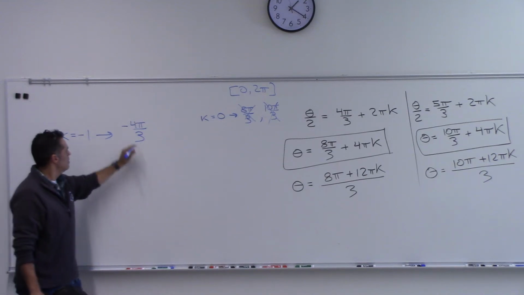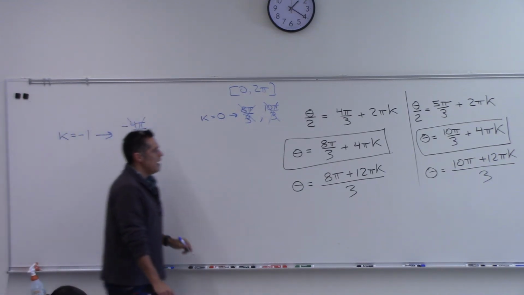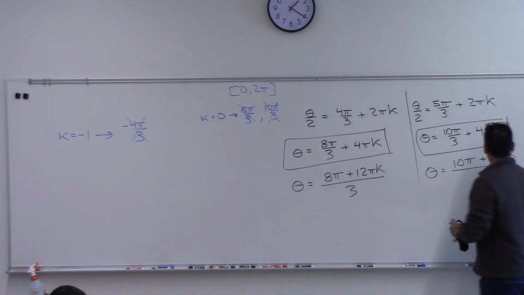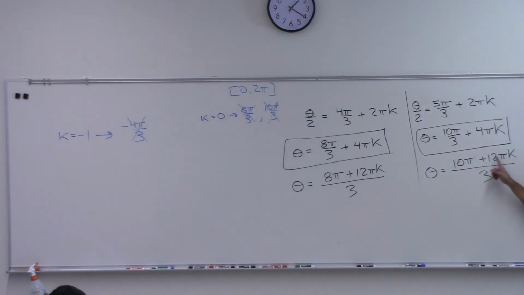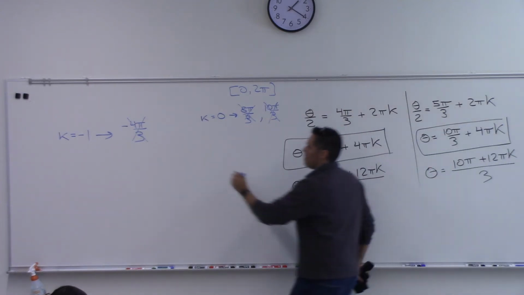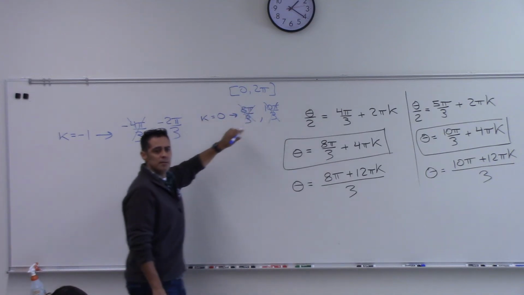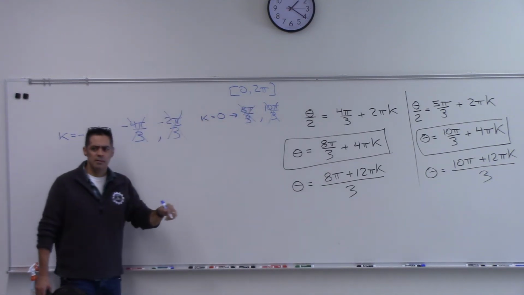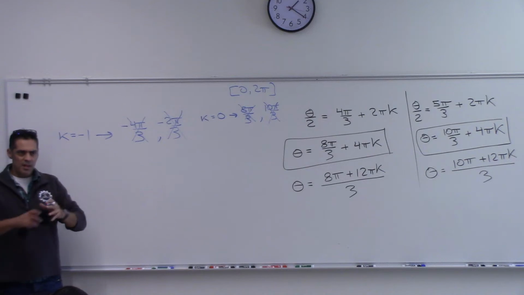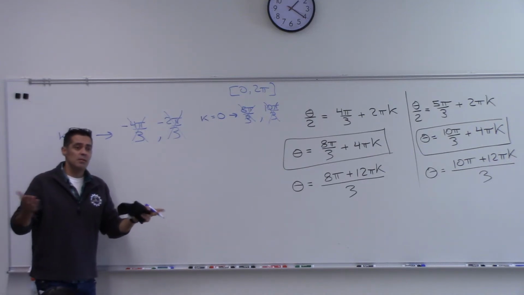No, right? And then if we plug in negative 1 here for k, we get negative 2 pi over 3. Is that inside 0, 2 pi? No. What does this mean? Inside 0, 2 pi, there's no solutions.